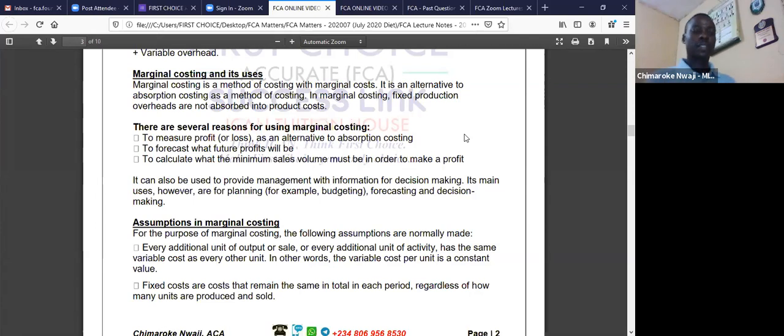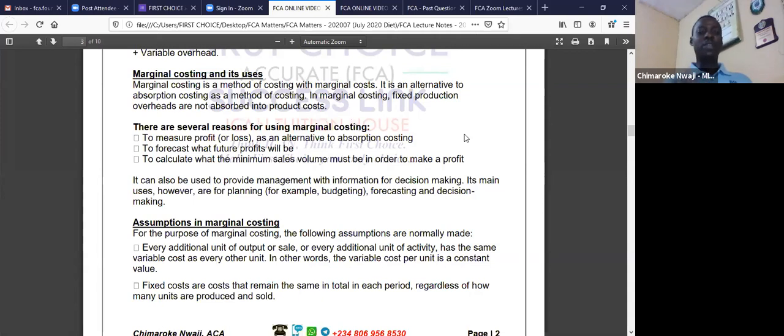Look at other uses. It can also be used to provide management with information for decision making. Now, there is something in marginal costing that makes it very suitable for decision making. We will get to it.